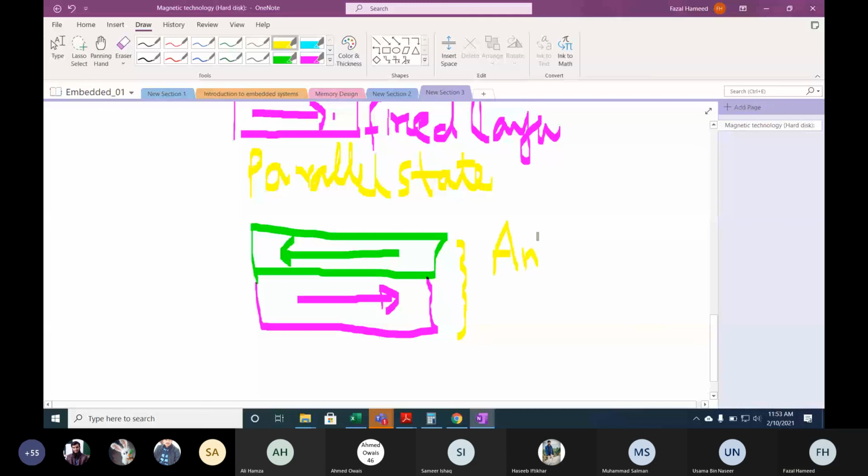Anti-parallel. So in the anti-parallel state, the magnetic orientations are not parallel to each other. The parallel state can be used to store a logical 0, and the anti-parallel state can be used to store a logical 1.